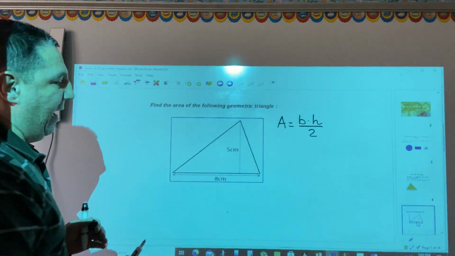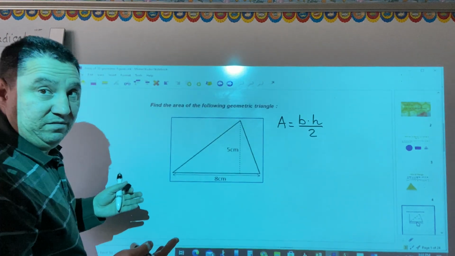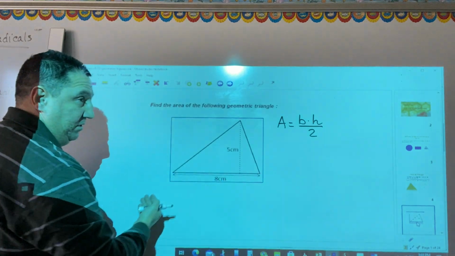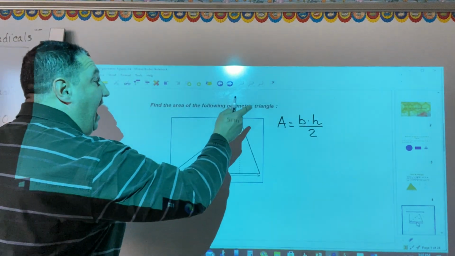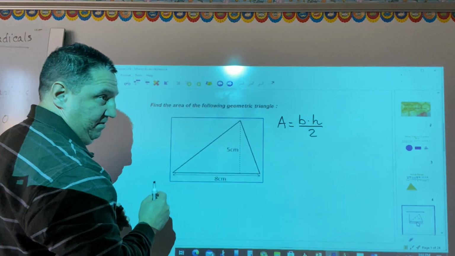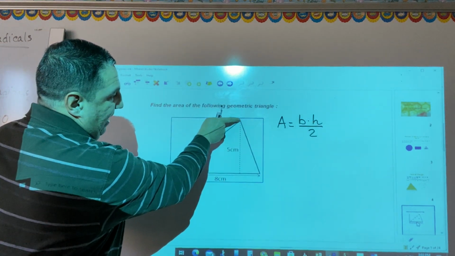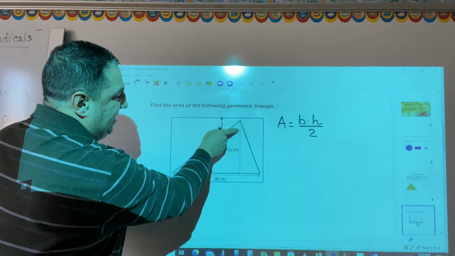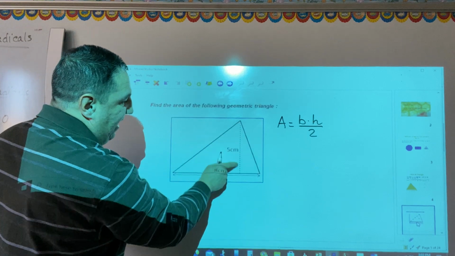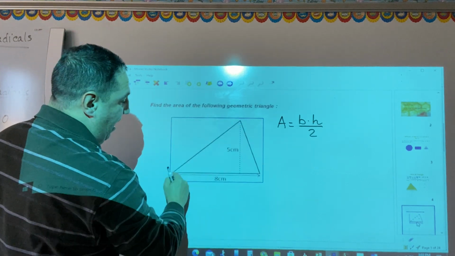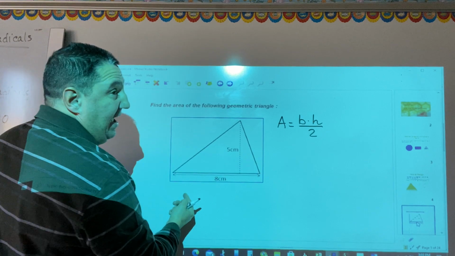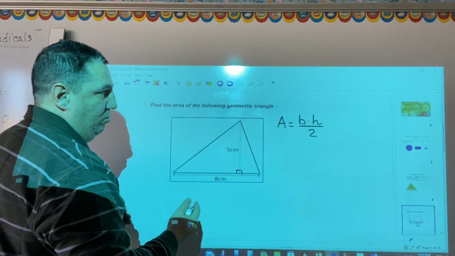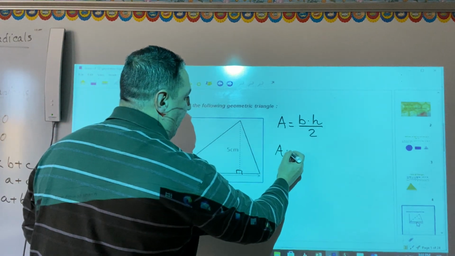In this case, the base, or the bottom side of the triangle, is 8 centimeters. The height or the altitude of the triangle would be 5 centimeters. Why? Because this is the line segment that joins the vertex opposite to the base with the base and is perpendicular to the base.